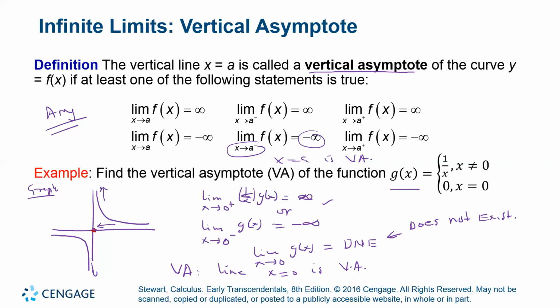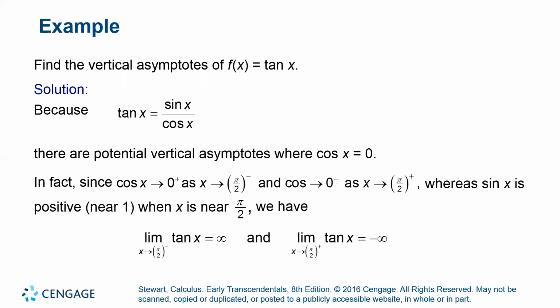Now let's consider a last example. Given the function f of x, which is the tangent of x. Now we know from trigonometry, tangent of x is sine over cosine. So there are potential vertical asymptotes where cosine of x is 0.